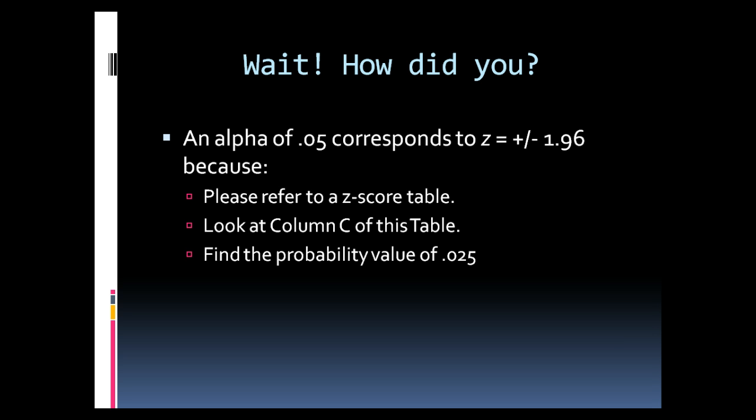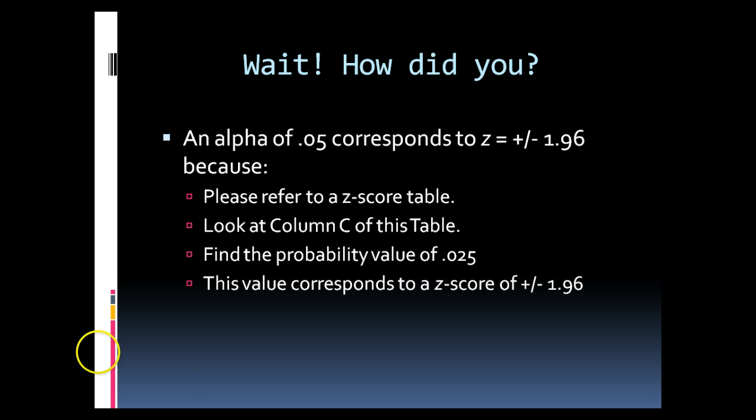Occasionally you'll have alpha 0.01, but that's not too common. So it's more likely 0.05. That's more of a heuristic in the field, because people ask me, why not alpha 0.10? This is kind of what the field has come to accept. So this corresponds to a z-score value of plus or minus 1.96.